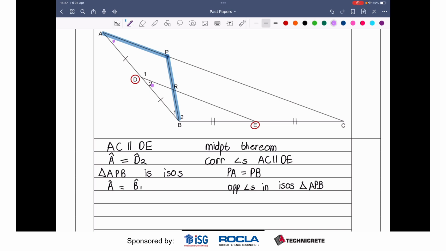Alright, so B1 is now equal to angle A, and now I can see that if angle A was equal to angle D2, and if angle A was equal to angle B1, then angle D2 is equal to angle D1, and I have my isosceles triangle DBR.